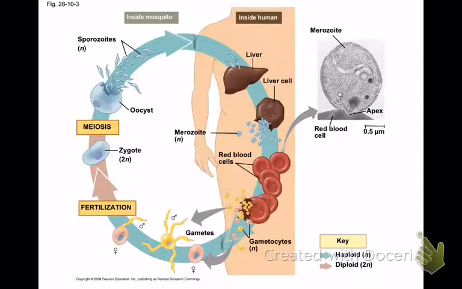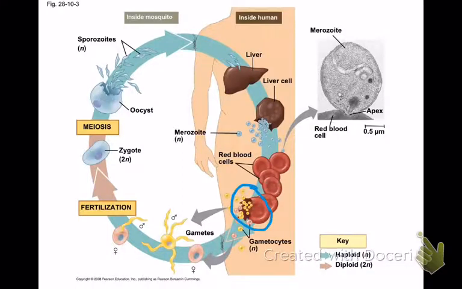Those sporozoites go to the liver, and inside the liver cell, they reproduce to make these cells called the merozoites, which then go on to infect red blood cells.